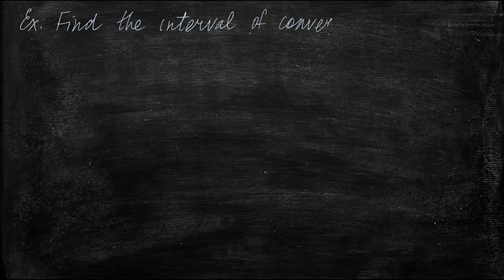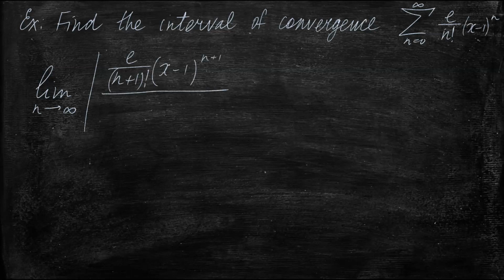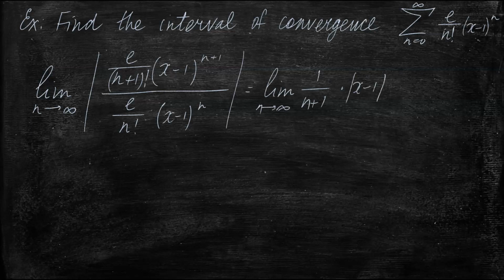We can find the interval of convergence for this series by setting up the limit as n goes to infinity of the n plus 1th term. But as you can see, things work out exactly the same way as with the Maclaurin series, and we're going to have the limit of 1 over n plus 1, which is 0.